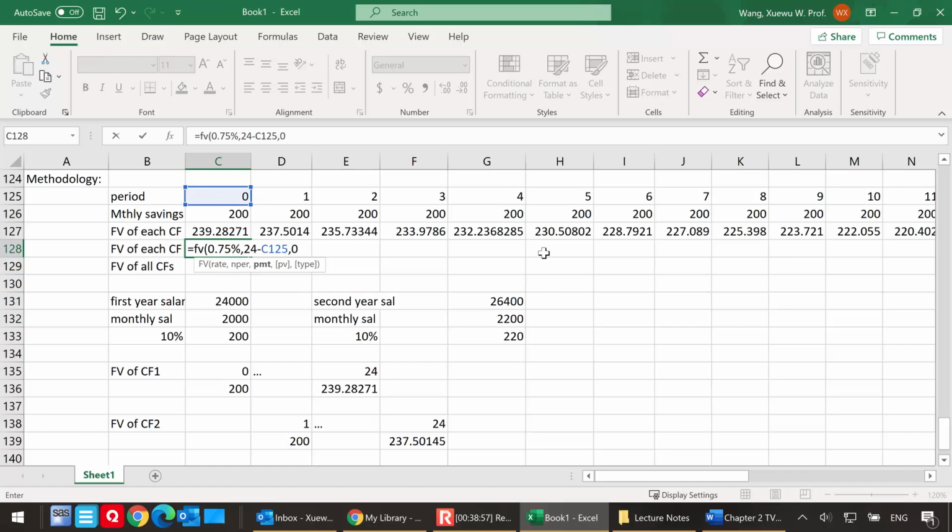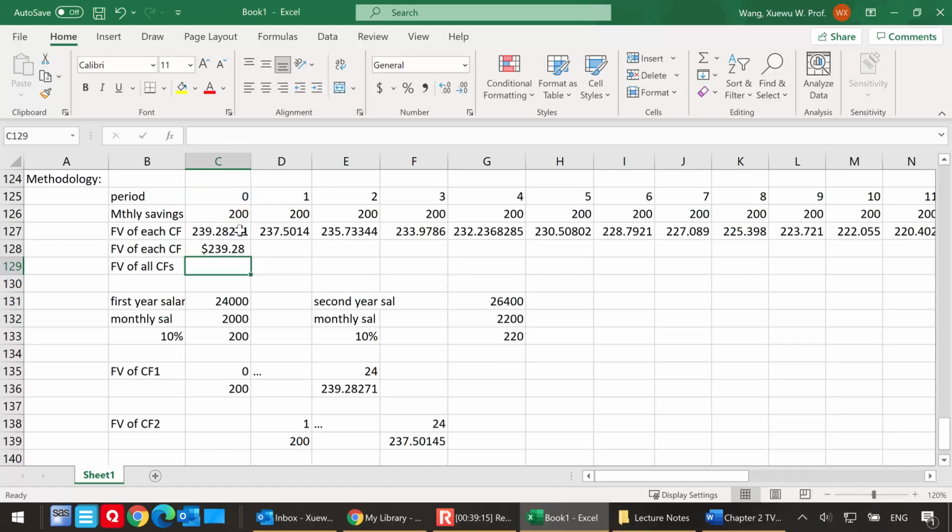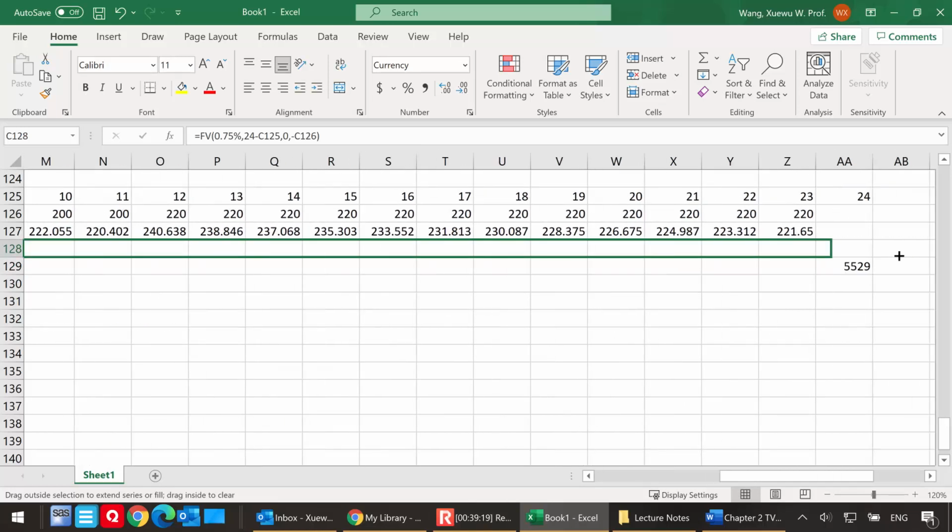Okay, even though it's a multiple cash flow problem, we're just breaking this down into 24 single cash flow compounding. So the payment is 0. Present value is actually your saving, so I'm going to put a negative sign for this 200. Okay, so yes, I replicate the 239.28. All right, so I can copy this across.